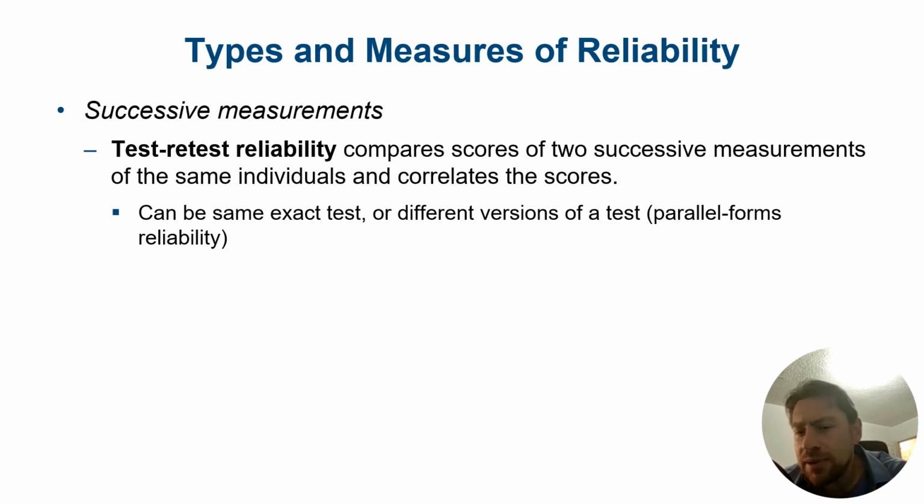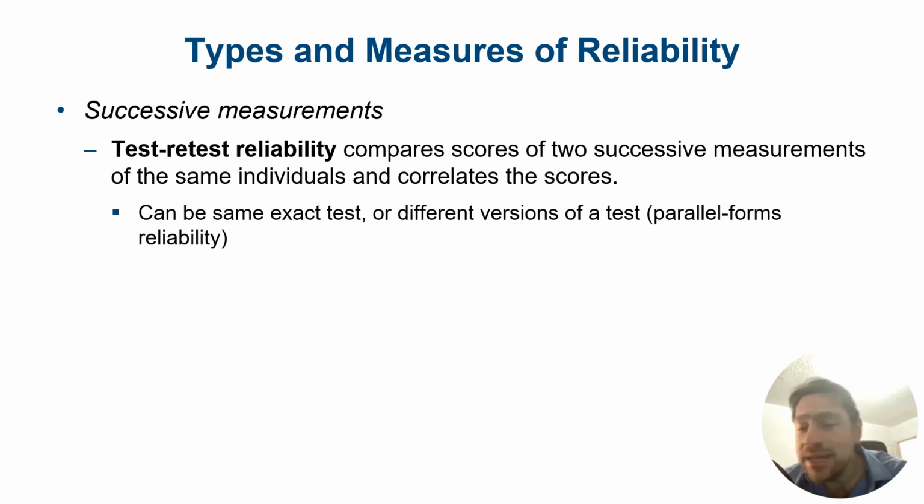All right, let's talk about some ways of measuring reliability. One common approach is called successive measurements. Now, we've alluded to this in the past few slides. The idea of successive measurements is that you compare the outcomes of a measure in the same individual at different time points.